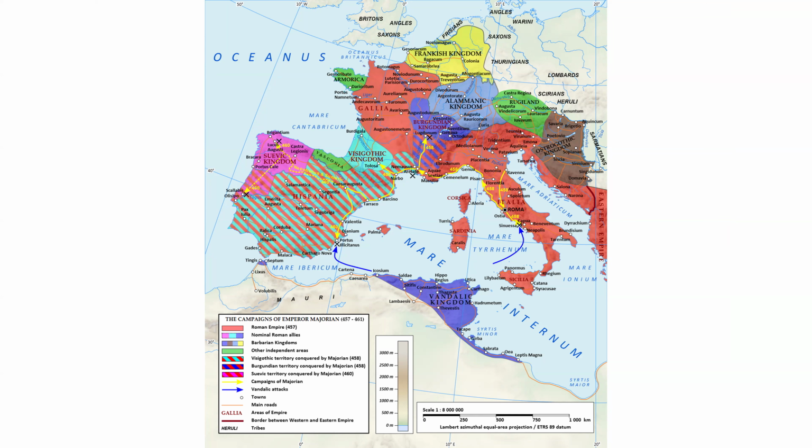This would have been from about the 400s through the 500s, when the Western Empire basically fell very shortly, really, after the split.